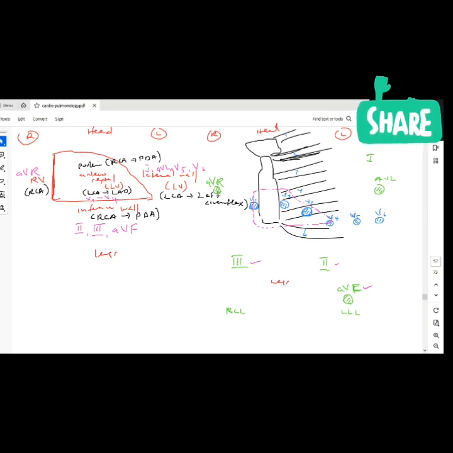V2 will now be V1, V1 will now become V2, and V3 will be placed between V1 and V4. You place V4 at the mid-clavicular line on the right, then V5 and V6. We now call these V6R, V5R, V4R, V3R, V2R, V1R.